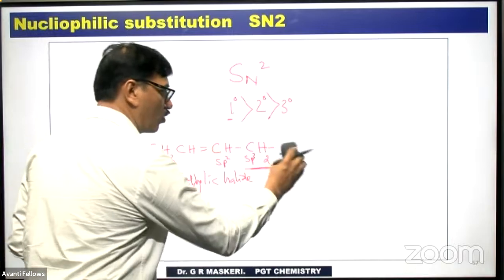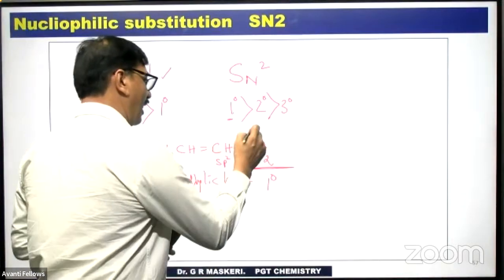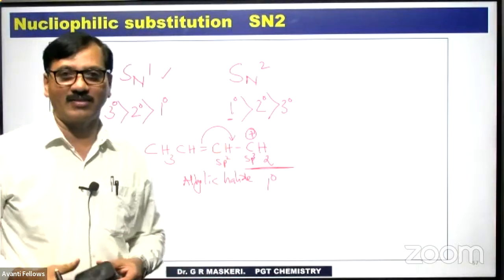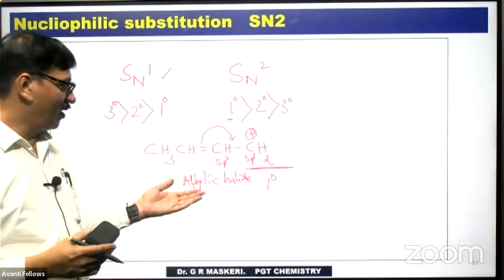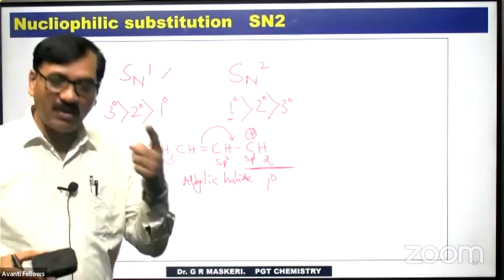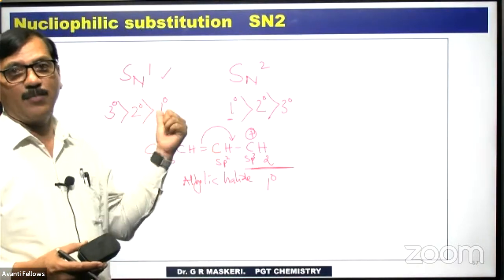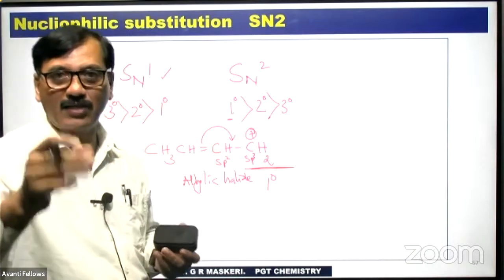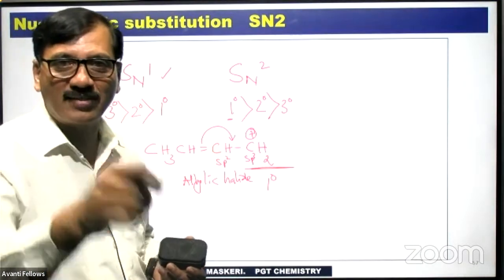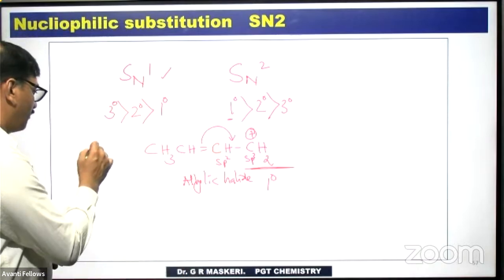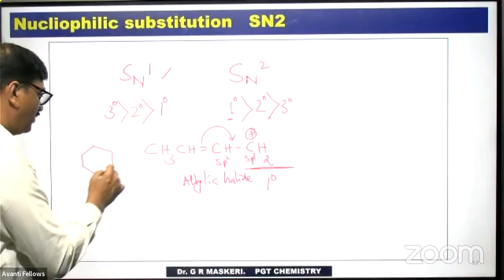Suppose Cl goes away as Cl minus, the carbocation so obtained is stabilized by resonance. Therefore, an allylic halide is a primary halide, but it undergoes the SN1 path. A very important point, because wherever there is a deviation like this, CBSE is interested in asking such questions, right? There is another one called benzylic halide.